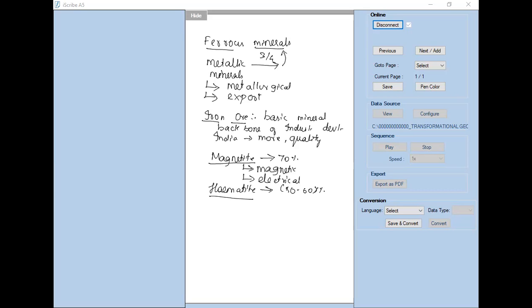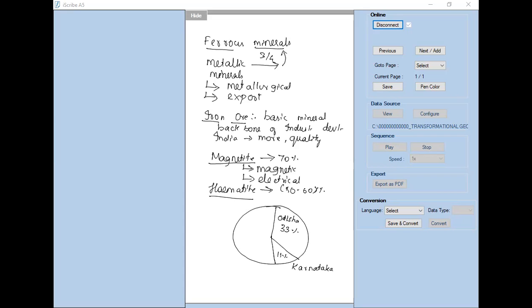If you consider the states, which state has the most iron ore? You see, Odisha has 33 percent of iron ore.